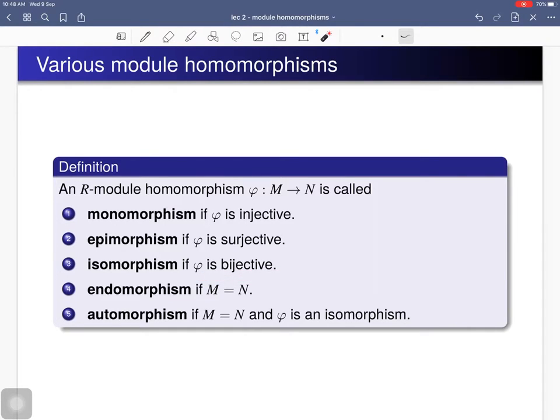We call a module homomorphism an endomorphism if both domain and codomain are the same, and an automorphism if both domain and codomain are the same and also phi is an isomorphism. Okay, so these are the terminologies we want to use in this series of lectures.